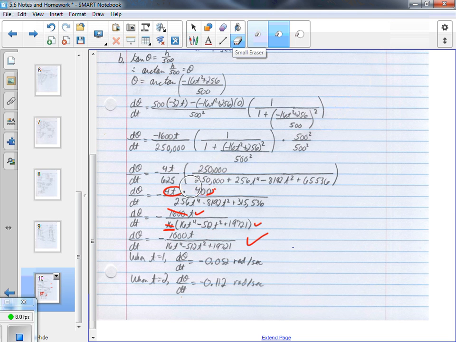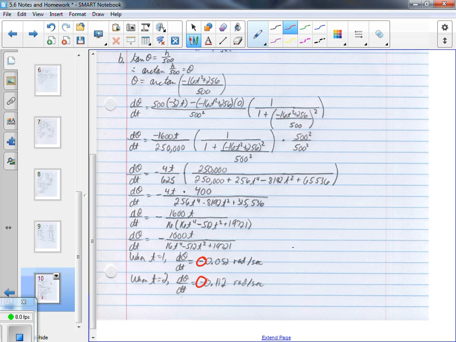Since the angle's getting smaller as the object drops, does it surprise you that the rate of change is negative? It shouldn't, right? The angle's getting smaller, the angle's decreasing, its derivative should be negative. And then you may struggle with what unit to put on here.